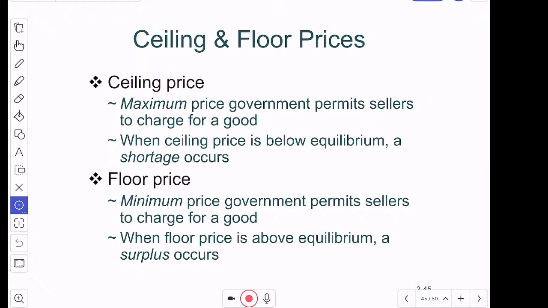When the ceiling price is below equilibrium, a shortage occurs. What's an example of a ceiling price? What's a classic example of a ceiling price imposed by the government?